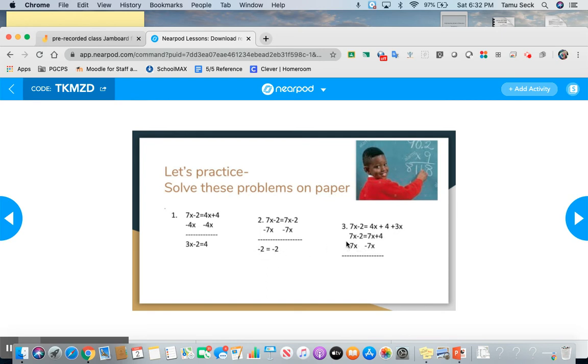We're going to subtract 7x on both sides for number 3. So add 2 on both sides. It's going to be 3x is equal to 6. This is infinitely many solutions. Now, it's not possible for negative 2 to equal 4, so it's no solution. So x is equal to 2. That means this is one solution, and we have our answers.